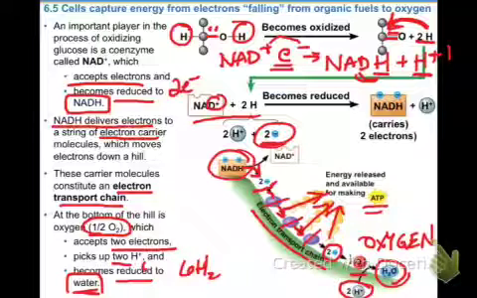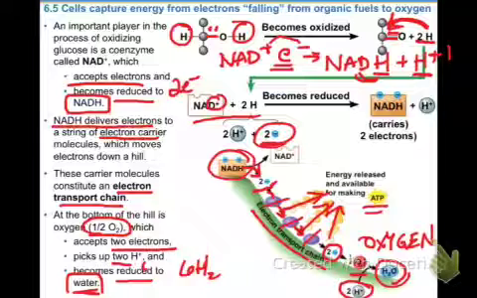The plus in this particular case indicates that it's oxidized. In other words, it actually has one more positive charge than it does negative charges. So the 1 is assumed. You could write it like NAD plus 1, but you don't have to write the 1 in there.